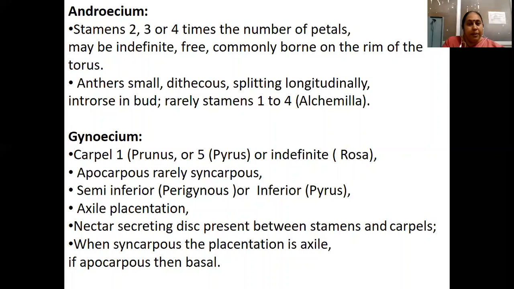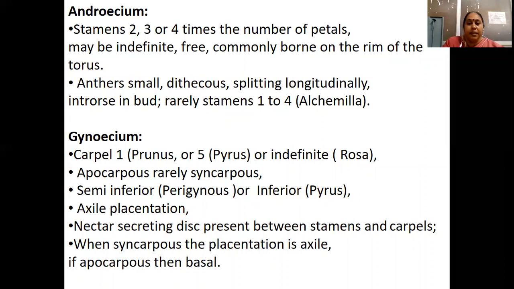Gynoecium. Carpel is 1 in Prunus, or 5 in Pyrus, or indefinite in Rosa, and apocarpous, rarely syncarpous, semi-inferior or perigynous, or inferior in case of Pyrus, and the placentation is axile. A nectar secreting disc is present between the stamens and carpels.